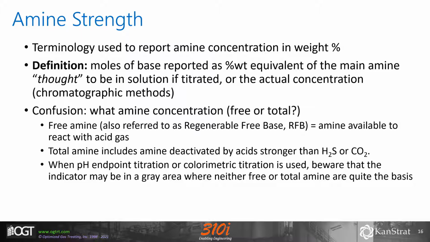This is just the amine available to react with the acid gas. If you have acid gas or heat stable salts in the amine, total amine concentration will always be more than free amine. If you're using a pH endpoint titration or a color titrating technique, the indicator may be in a gray area where you're actually not measuring free or total, but rather somewhere in between.